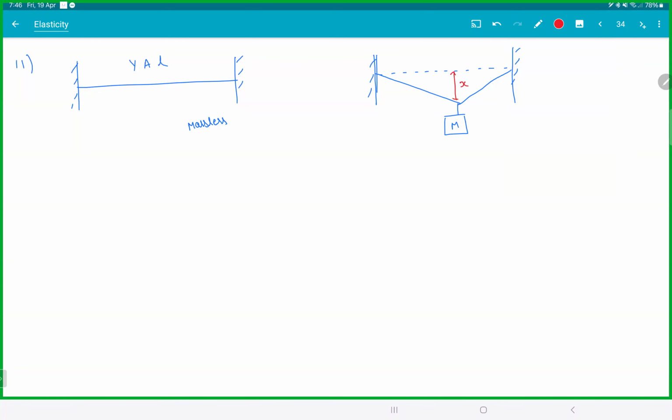This is your X. So exactly at L/2, you kept a mass. Mass M suspended at the center of the wire. Find X if X is very, very small. Just give me a minute.